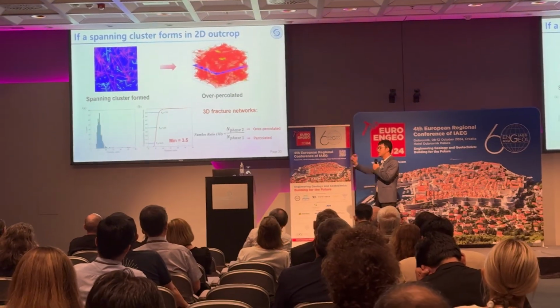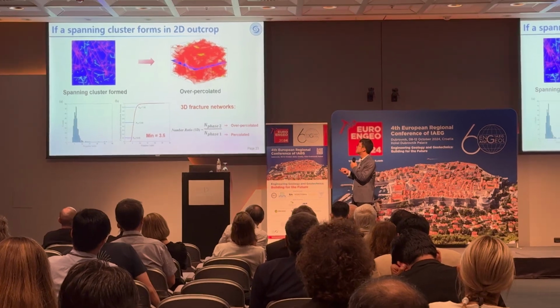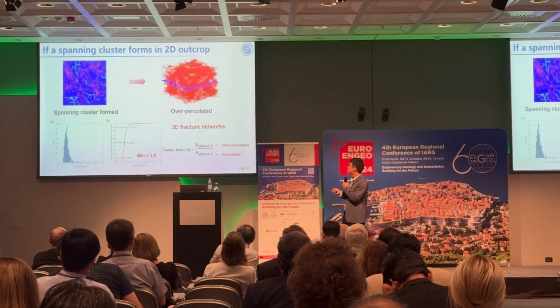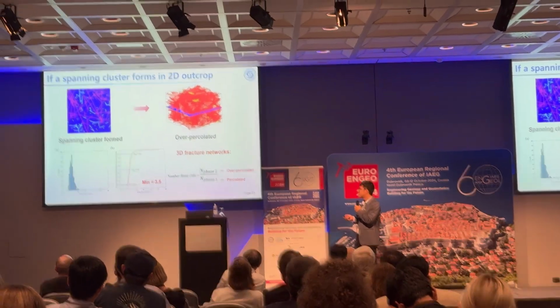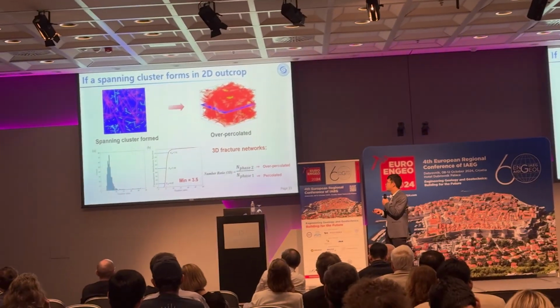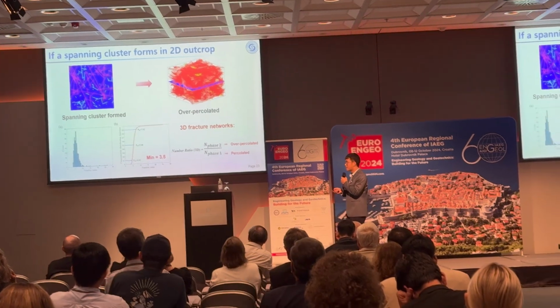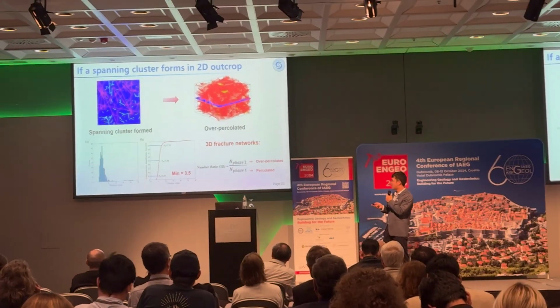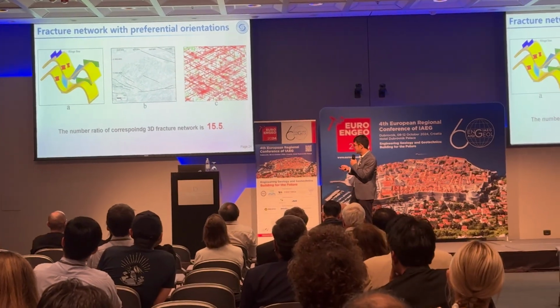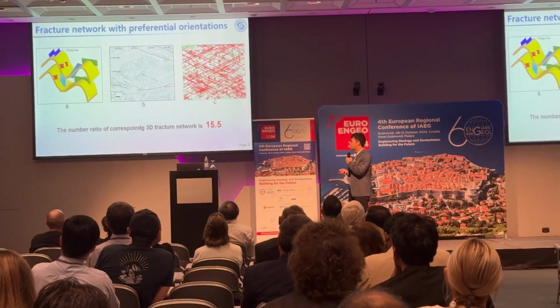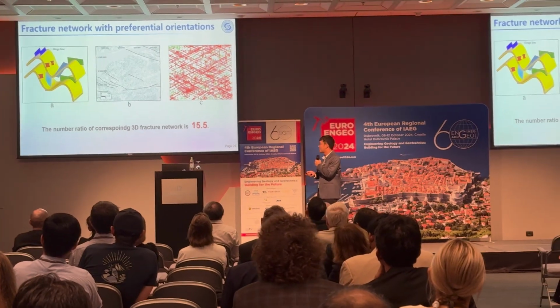It means that if there is a spanning cluster formed in the 2D outcrops, then the corresponding 3D fracture networks will be overpopulated, and the fracture intensity will be at least 3.5 times larger than the fracture intensity required to form the spanning cluster. And we also consider fracture networks with more preferential orientations composed of multiple fracture sets.